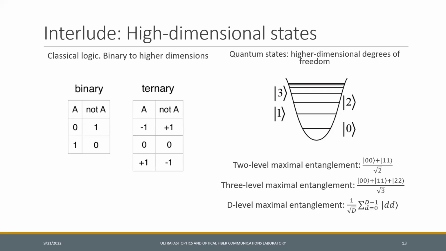You can have a bunch of frequencies that are all spaced 40 gigahertz apart, and you can label them 0 to 9, 0 to 40, however many you're able to generate. So a degree of freedom like energy in a photon is capable of being high dimensional. For instance, a 2-level maximally entangled state would be |00> plus |11>. 3-level, |00> plus |11> plus |22>. D-level, as many of these as you want in a system.